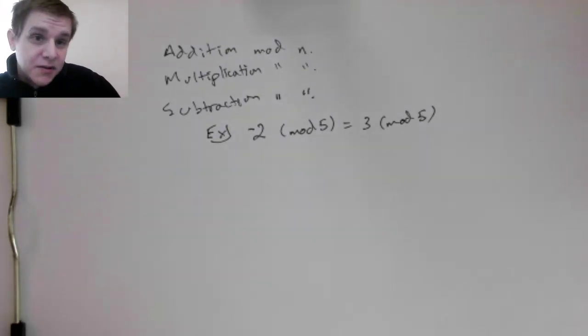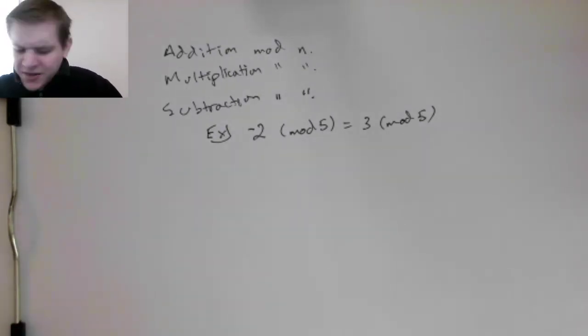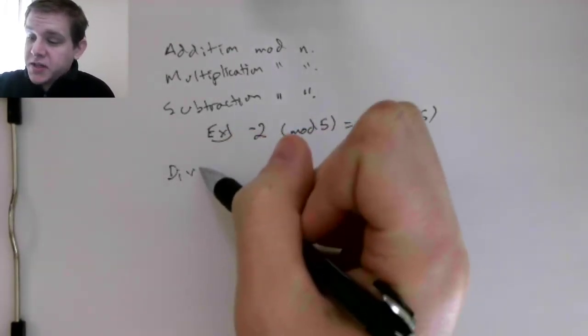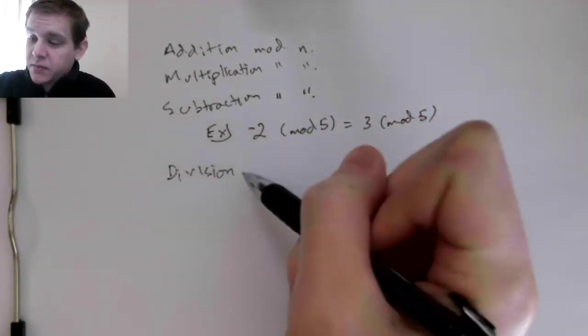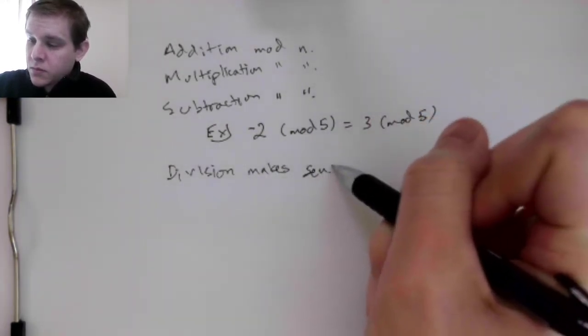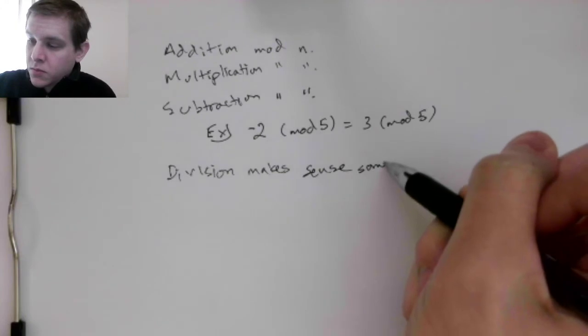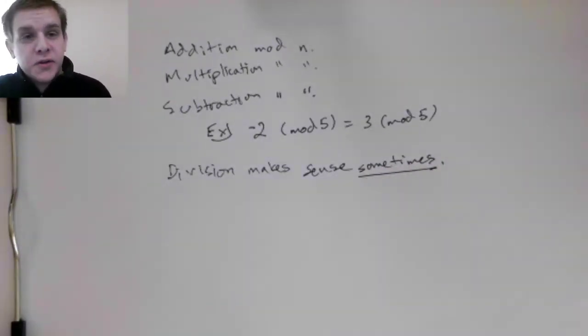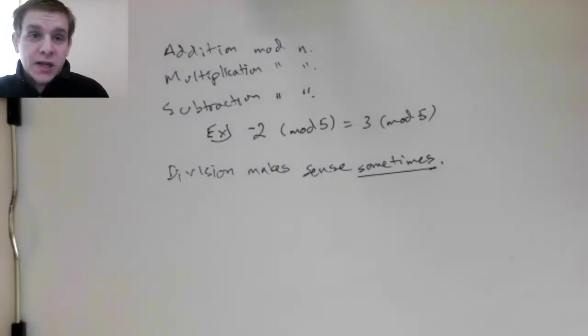But what's the opposite of multiplication? It's division. And division doesn't always make sense. Division makes sense sometimes. And this is one of the biggest hurdles you have to overcome when you want to work in modular arithmetic.